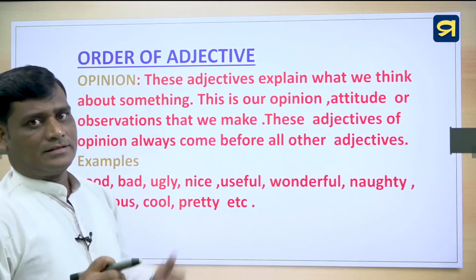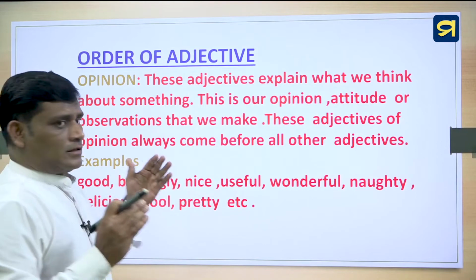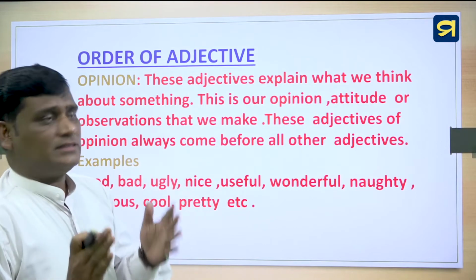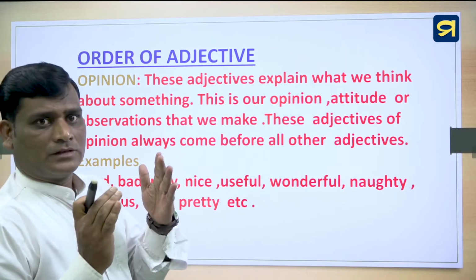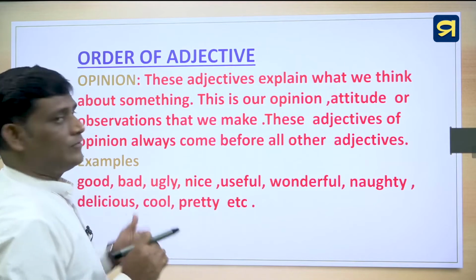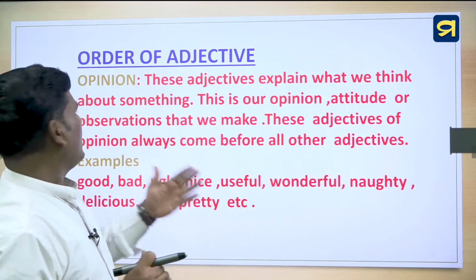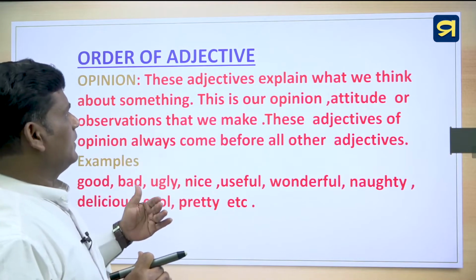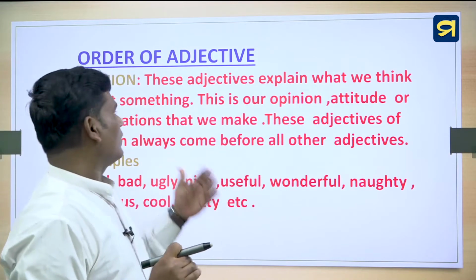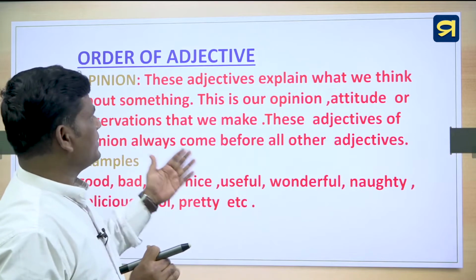Order of adjectives. The adjectives are categorized in some categories. The first is opinion. These adjectives explain what we think about something. This is our opinion or attitude or observation that we make.